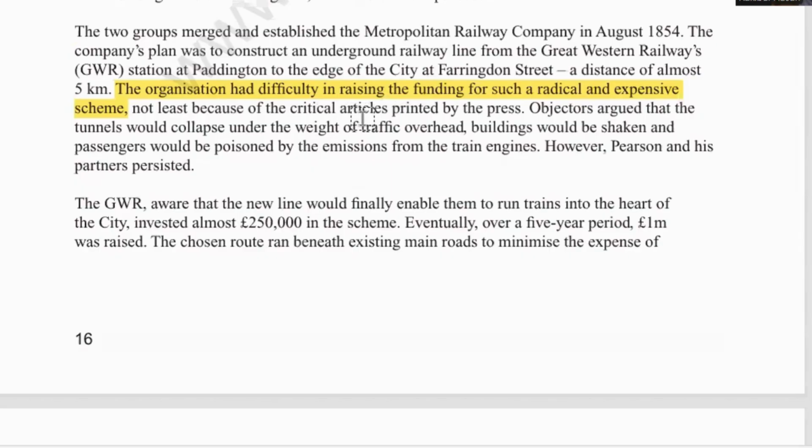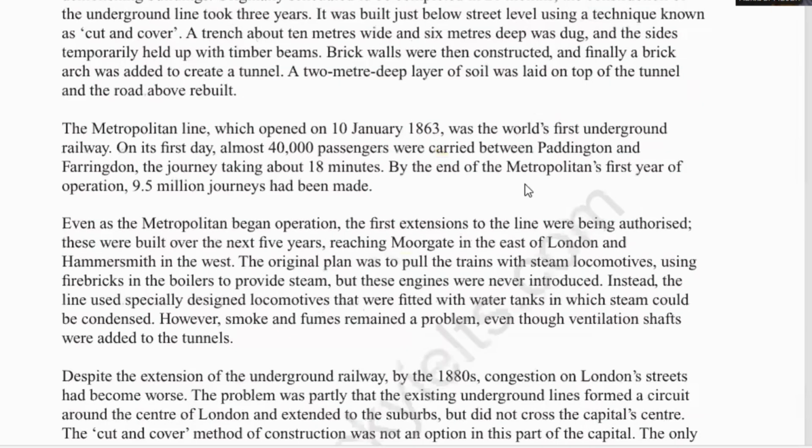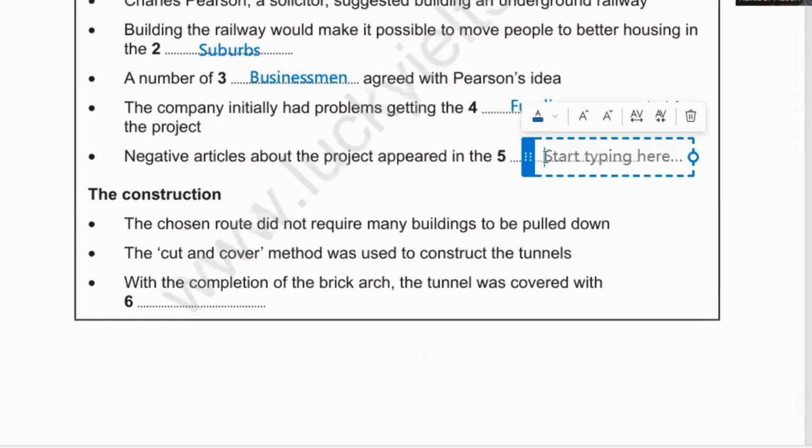Critical articles printed by the press means appeared in the press. So the answer is press.